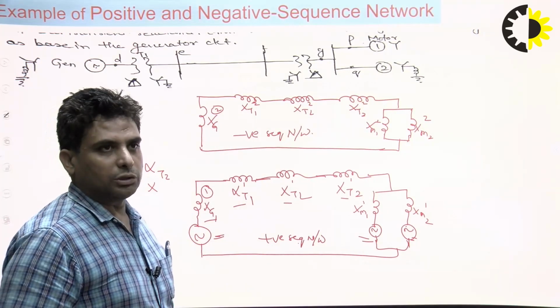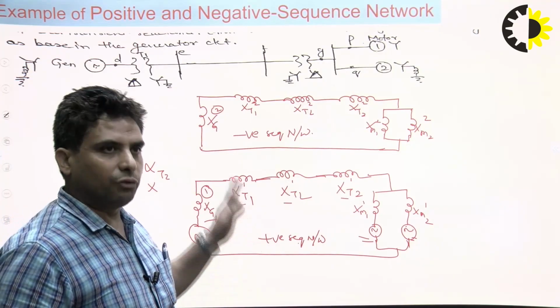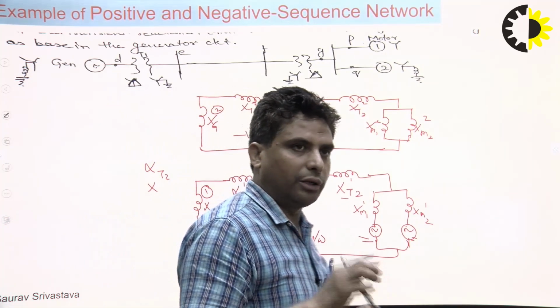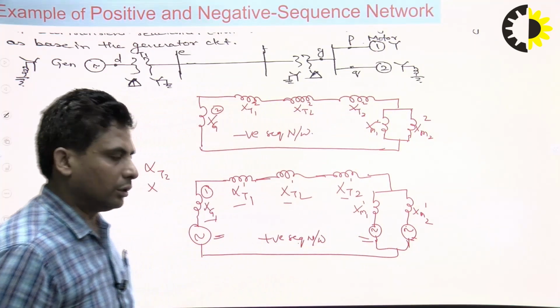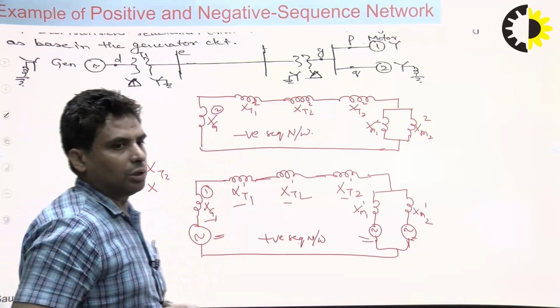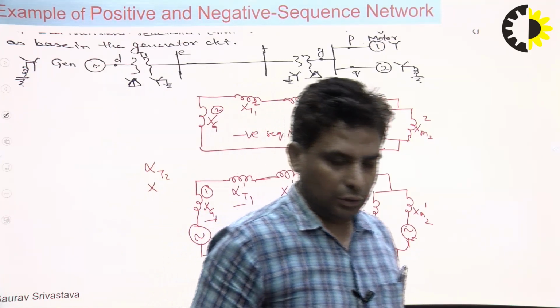In the question, positive and negative values are all the same. If you calculated one, it is equivalent to the negative impedances. Okay, so that is the positive and negative sequence network. We can easily draw it.